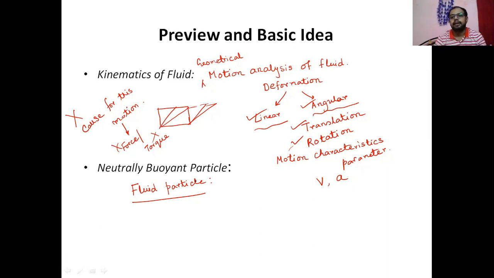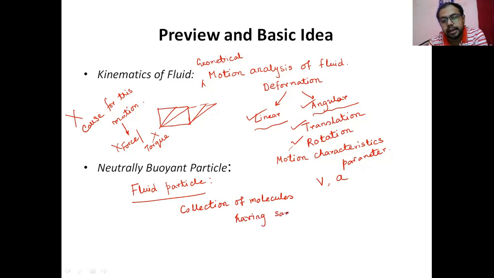So the fluid particle, if you define it, is a collection of molecules. This collection of molecules has the same group behavior statistically. In the statistical average sense, these molecules have the same group behavior.